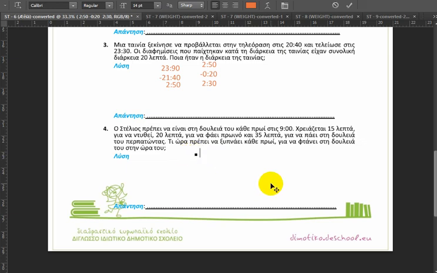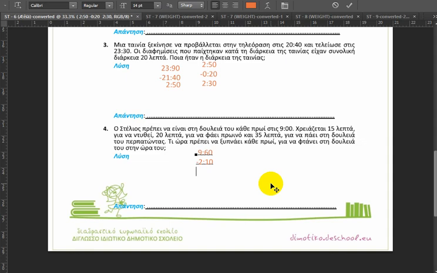So I need to do 9 o'clock minus 1 hour and 10 minutes. Now, seeing as how I can't do 0 take away 10, I'm going to borrow an extra hour, give it to the minutes, and turn them into 60, and then I'm going to subtract 1 extra hour.